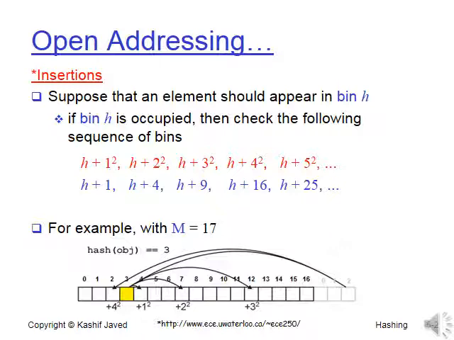Thus we try to insert in bin 2. In case bin 2 is not empty as well, then we apply the next sequence, which would be 3 plus 25, which equals 28. We will be trying to insert in bin 11, and you can check for yourself.